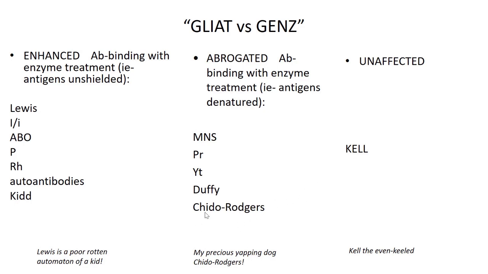Again, that was one of our soluble antigen systems. Enzymes can obviously melt these non-intrinsic structures right off. KEL antibodies tend to be unaffected by enzyme treatment. There are some cute mnemonics here at the bottom to also help remember these.